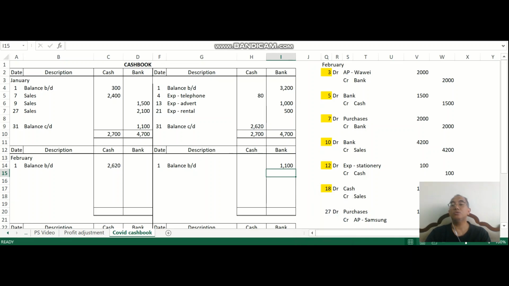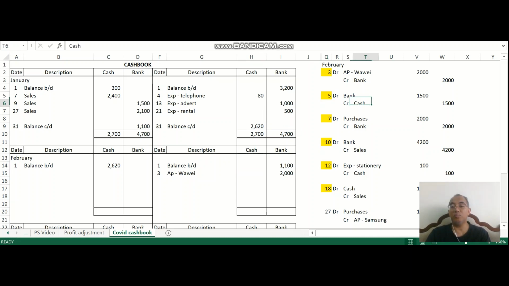Okay, so if I put 2000, what about it? You are paying AP Huawei. Date is on the 3rd. So 2000 settled.